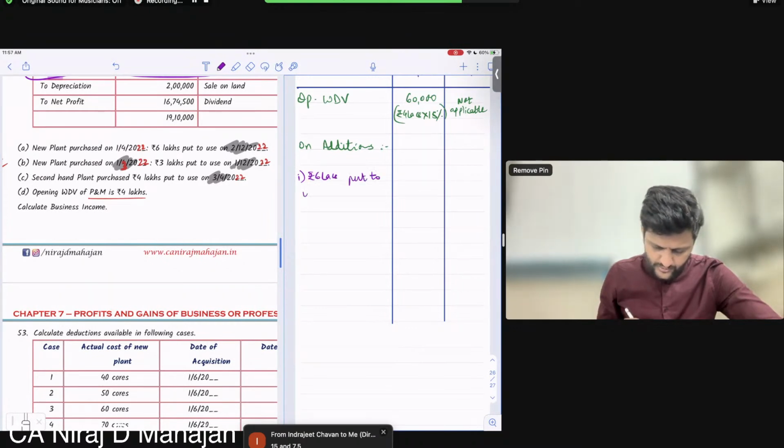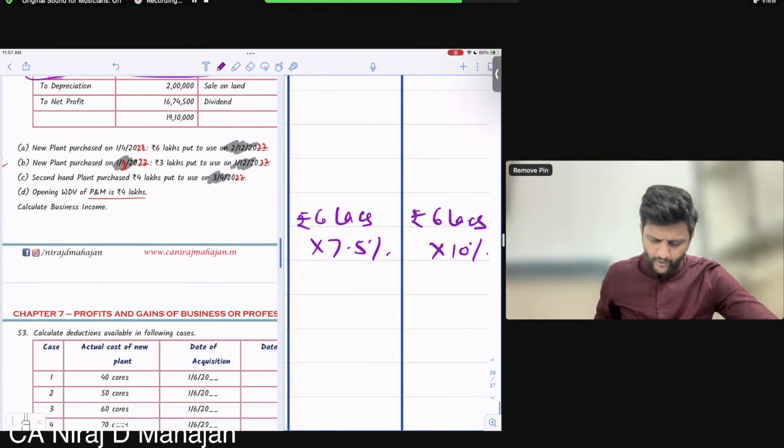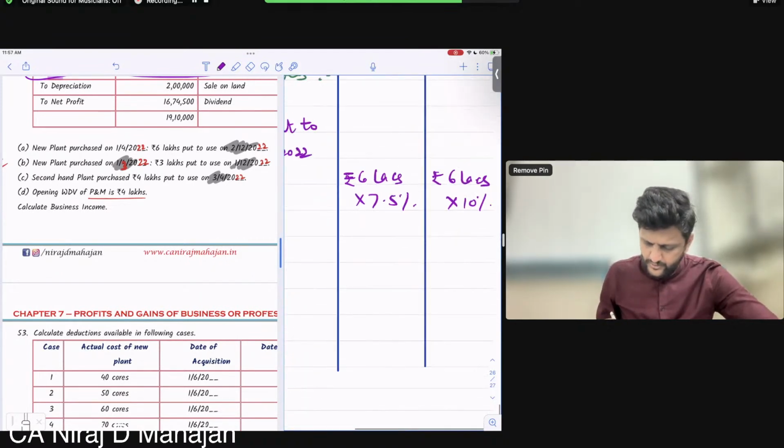Put to use 2/12/22. Six lakhs into 7.5% and 6 lakhs into 10%.